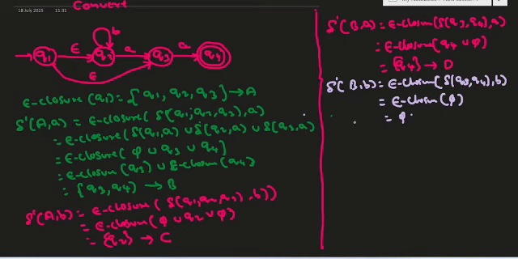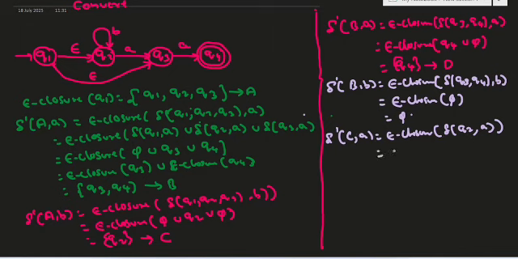For B, we have applied both inputs, A and B. Now for C, we have to apply. So delta dash of C comma A. Okay. Now epsilon closure of delta of C is actually Q2 comma A. If we apply A in Q2, it goes to Q3.